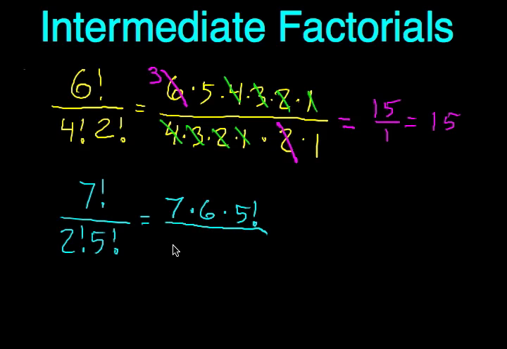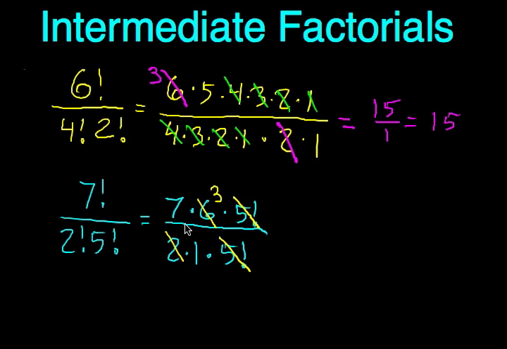And the denominator is going to be 2 times 1 times 5 factorial. And now we're going to see what cancels. Well, 5 factorial will cancel with 5 factorial, and 2, like before, will cancel into 6 three times.